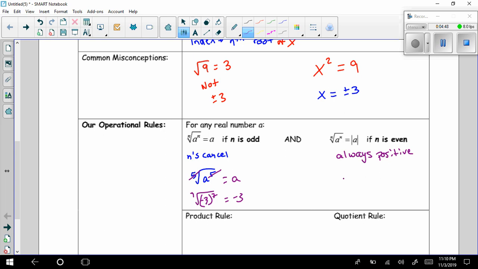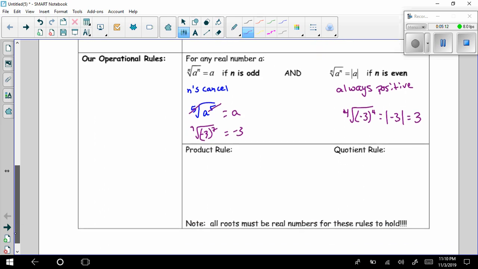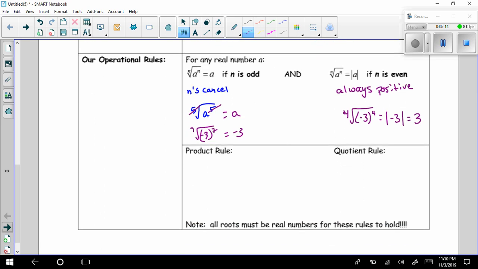So let's do the fourth root of negative 3 to the fourth is equal to the absolute value of negative 3, which is 3. And that's because taking something to an even power would make it positive anyway. And then taking that fourth root keeps it positive.